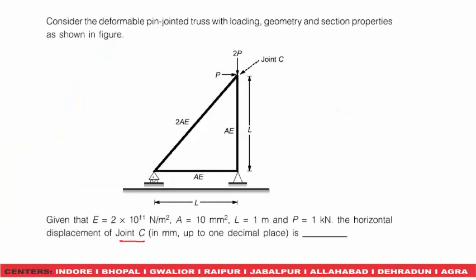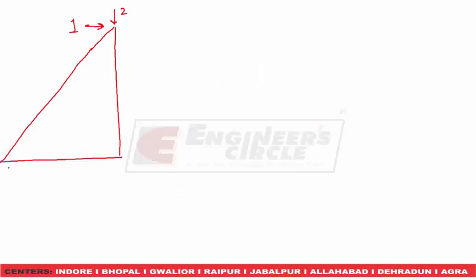This is only vertical reaction here, both vertical and horizontal. So let this be R1, this R2 and this R3. Now applying summation Fx equal to 0, R3 will be equal to 1. Taking moment about this point equal to 0.